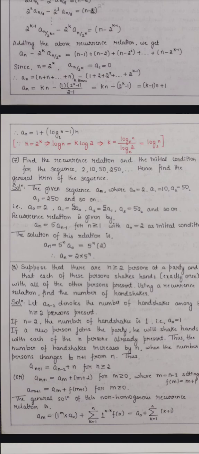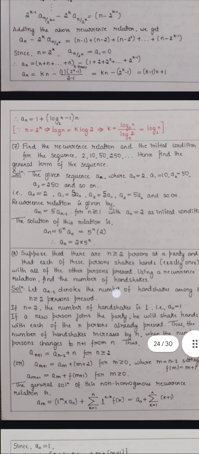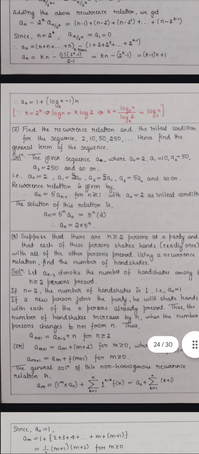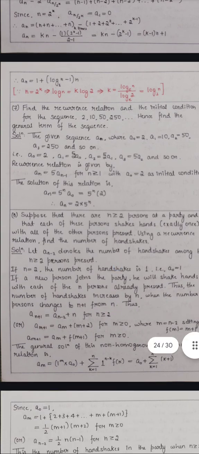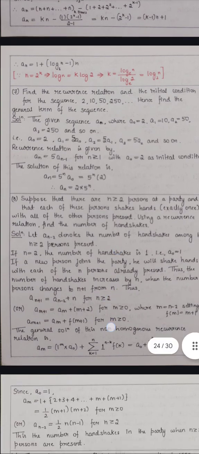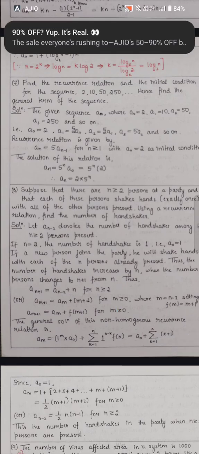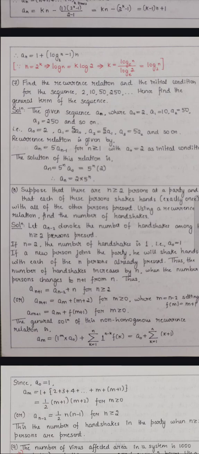Then kn - (2^k - 1), that is equal to kn - n + 1. So an = n(1 + log n to the base 2 - 1)... that is, since n = 2 power k, log n = k log 2, so k = log n to the base 2.